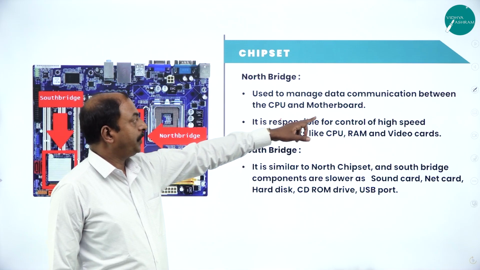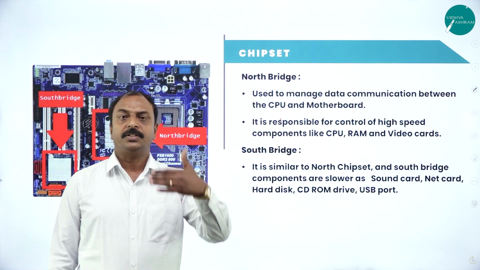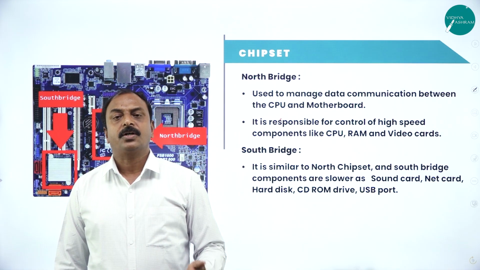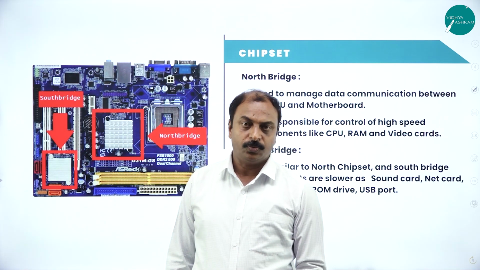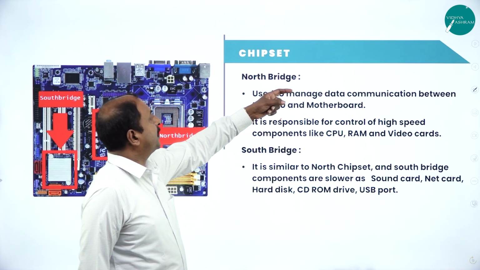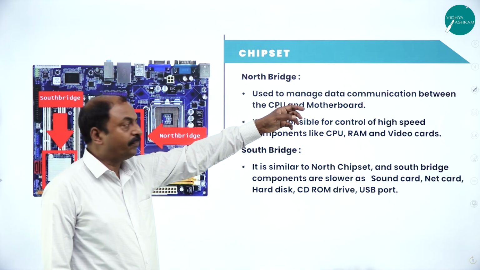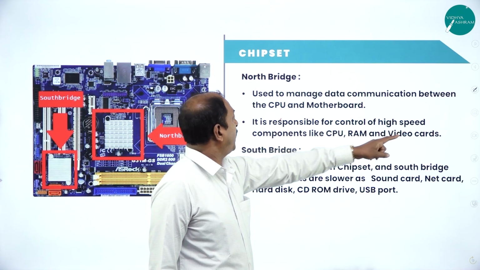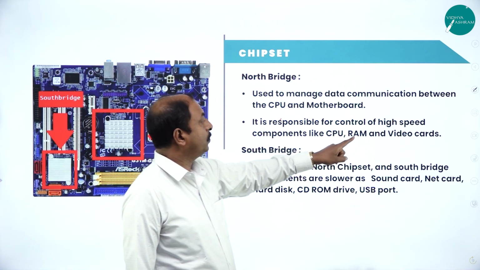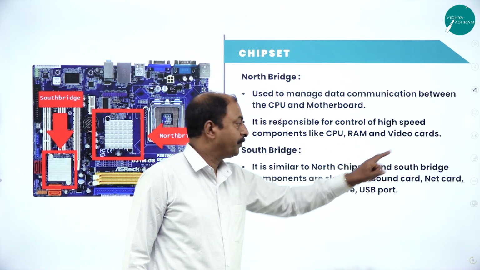And if I say CPU, I am talking about all the 3 parts of the CPU: memory, control unit, and ALU. So communication inside the CPU with the motherboard is coordinated by the north bridge, and it is responsible for control of high-speed components like CPU, RAM, and video cards.